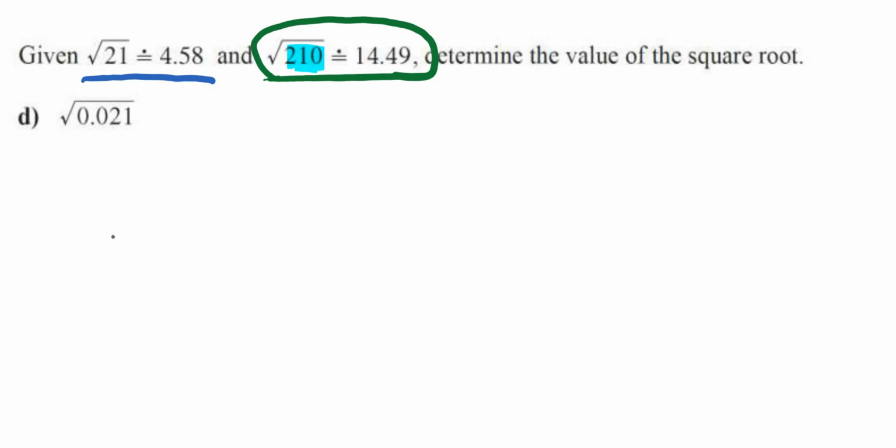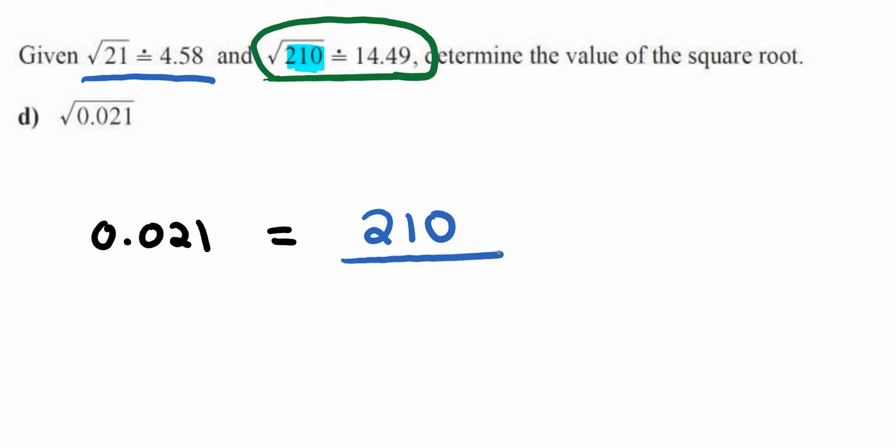After that, we have 0.021, which is the inside number, and I want to use the square root of 210 somehow in my answer. So I want to write this decimal as the number 210. What do I need to divide 210 by to get back to 0.021?